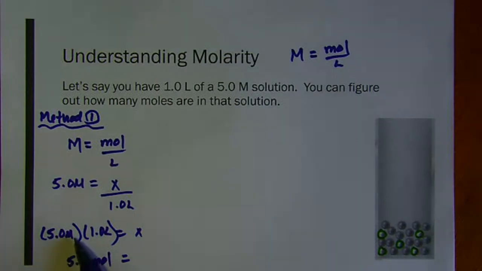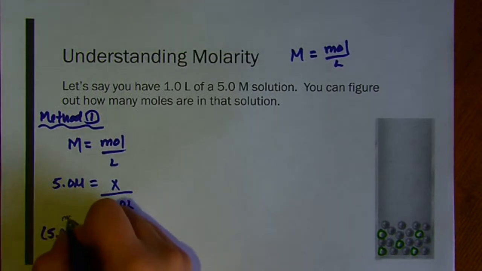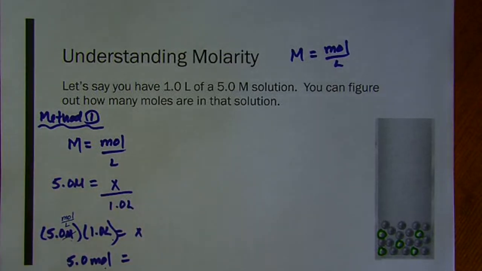Now you might be looking at your units and thinking, how do you get moles out of those 2 units? Anytime that you see big M, you can always replace that with moles over liters, because molarity means moles per liter.